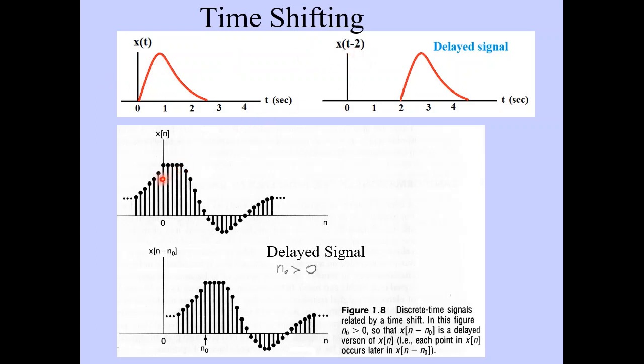This is an example of a discrete time sequence, x of n, and down here it's been delayed, meaning we're shifting it to the right by some value n naught, and that can be any integer value. So if this up here is x of n, then down here this sequence would be x of n minus n naught.